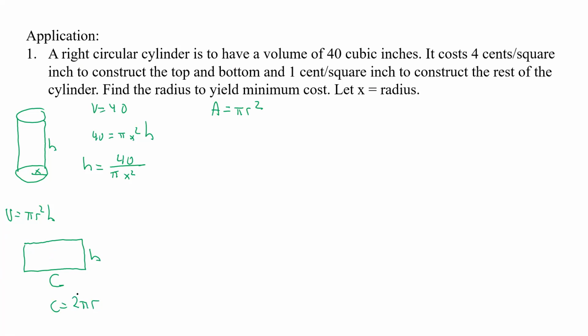So we have to remember that. So area of this is going to be basically C times H. Okay. All right, so now we know C is 2 pi r, so area is equal to 2 pi r h. Now again, we're using r as x, so we're going to have to kind of remember r's or x's, because sometimes I'm using r, sometimes I'm using x.